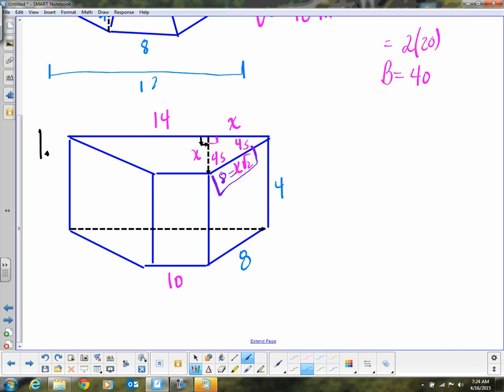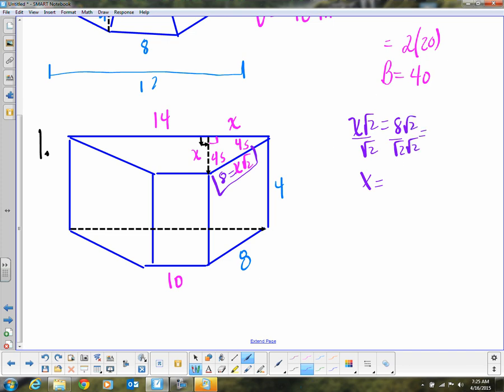Why didn't I put the 8 up here and instead put it down here? It was too many numbers. It would have been too confusing to see. So we've got x square root of 2 is equal to 8. So what do I do? Divide by square root of 2.